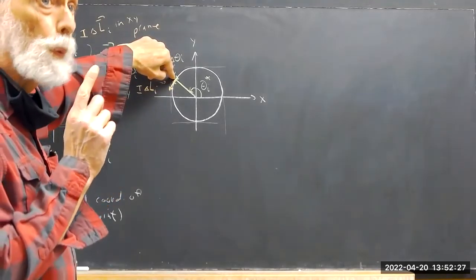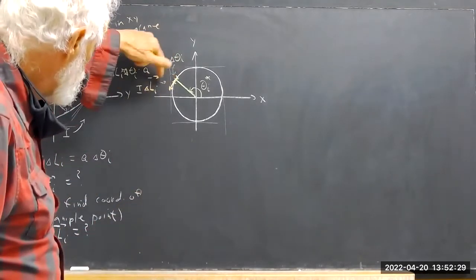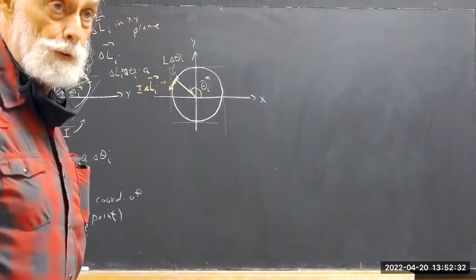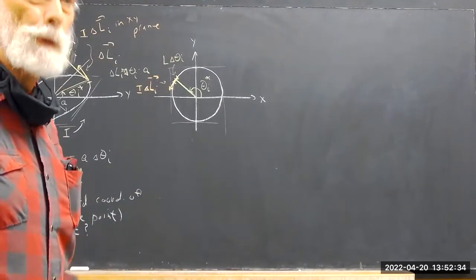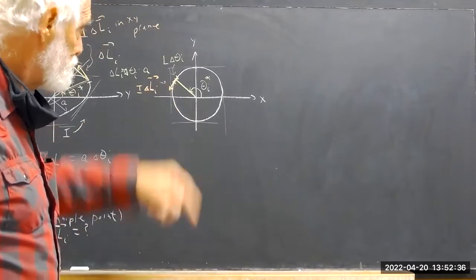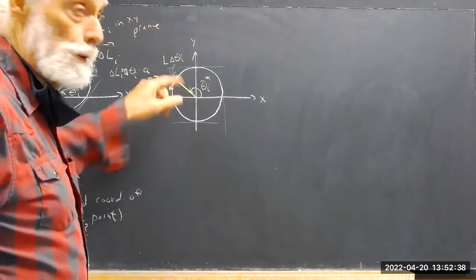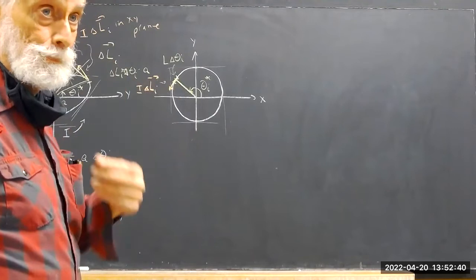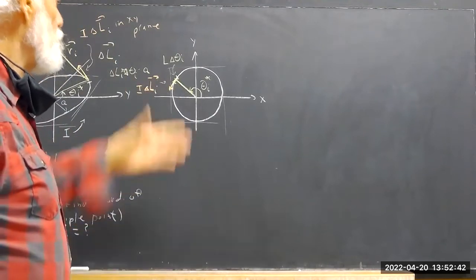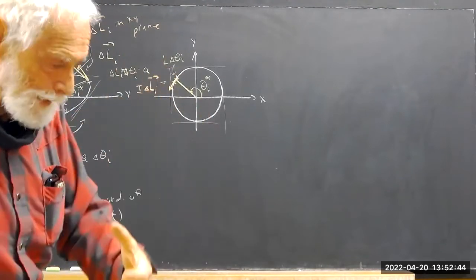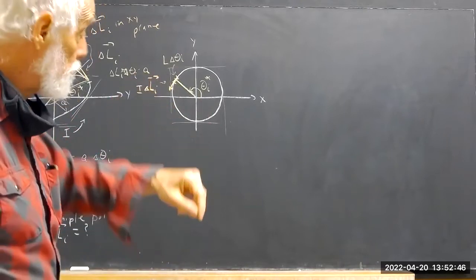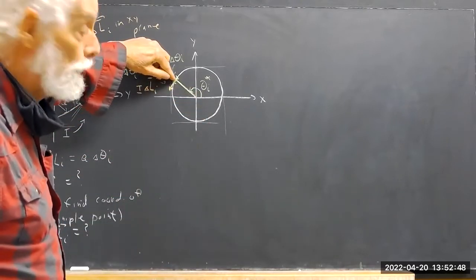Once you have the coordinates of that point, it's going to help you figure out the direction of your delta L sub I. It's going to be perpendicular to this vector from here to here. It's going to be tangent to the curve, but that's a separate question. First question, what are the coordinates of the sample point?